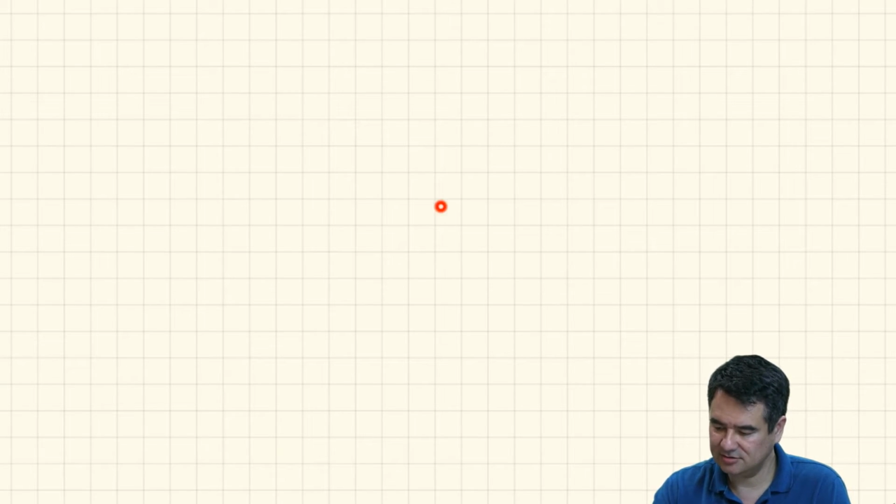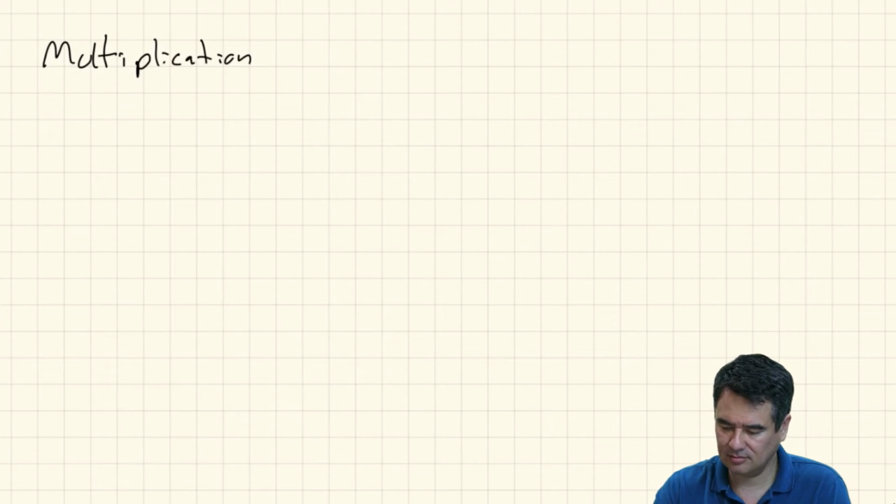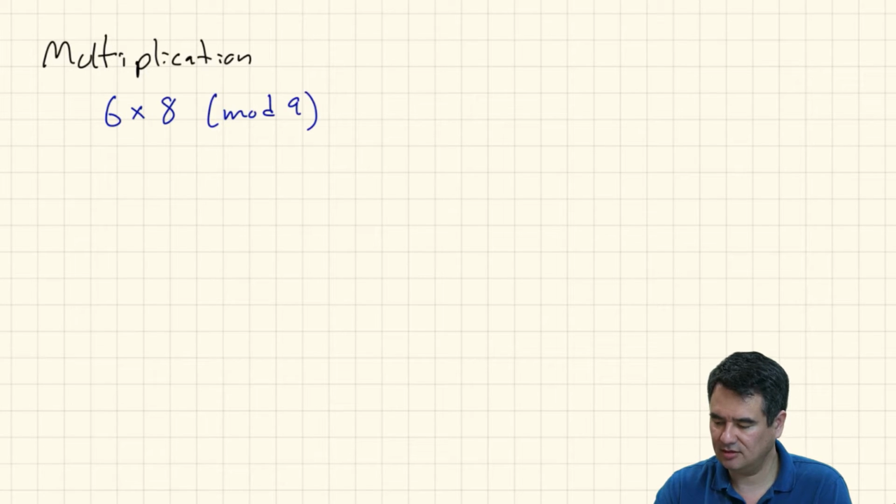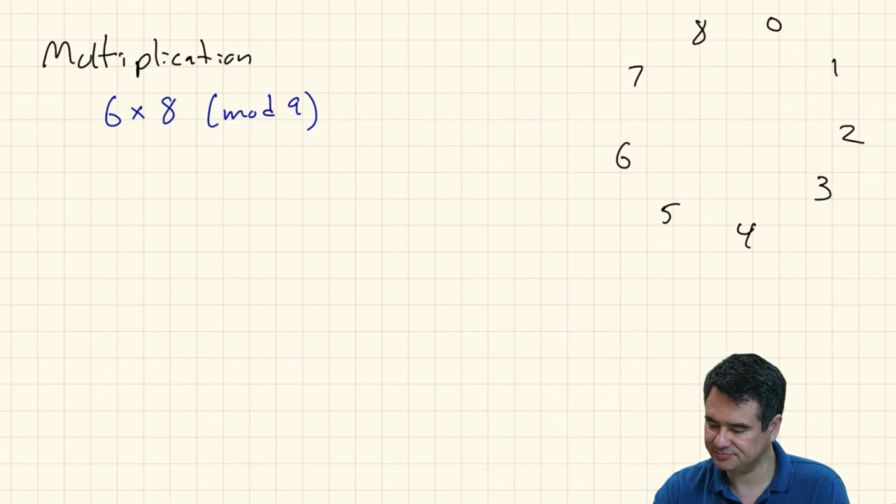Okay, how about multiplication? So again, if we have something like 6 times 8 mod 9, and I'll put the circle back on the screen, 0, 1, 2, 3, 4, 5, 6, 7, 8.